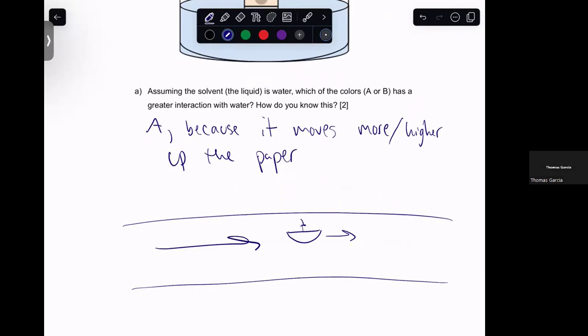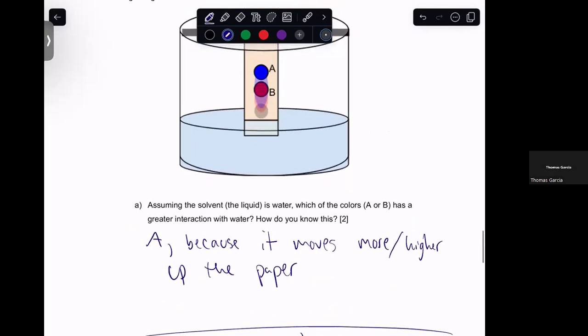Something that maybe doesn't interact with water, like maybe a rock, will just kind of sink down and maybe it'll move a little bit as it gets pushed along. But because the water really can't carry it, it can't interact with it in a way, it will not move. And that's kind of how these things work in chromatography. As water moves up the paper, the ink that matches the water's polarity specifically and is also maybe smaller or lighter will move further than the ones that don't.